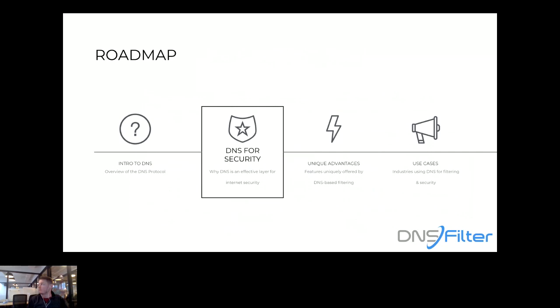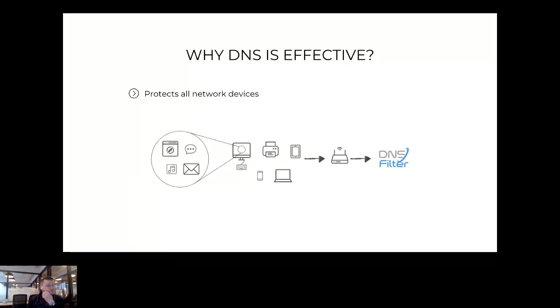Let's go ahead and talk about DNS from a security standpoint. DNS is a very effective layer of security, and there are a couple of reasons why. The first is that it protects all of your network devices. This is printers, laptops, tablets, anything that's internet connected. So it could be your alarms, your refrigerators, your toaster if it's connected to the internet.